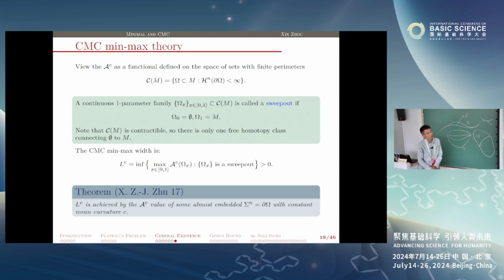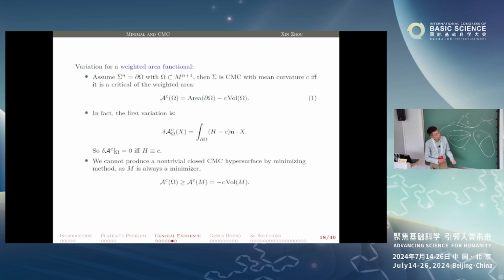Last time I find a surface which bounds half of the volume, or divides the manifold into two equal parts. This time you can find a set which bounds a very small volume, because in the small volume case, this part dominates that part, so you still get some strict positivity.